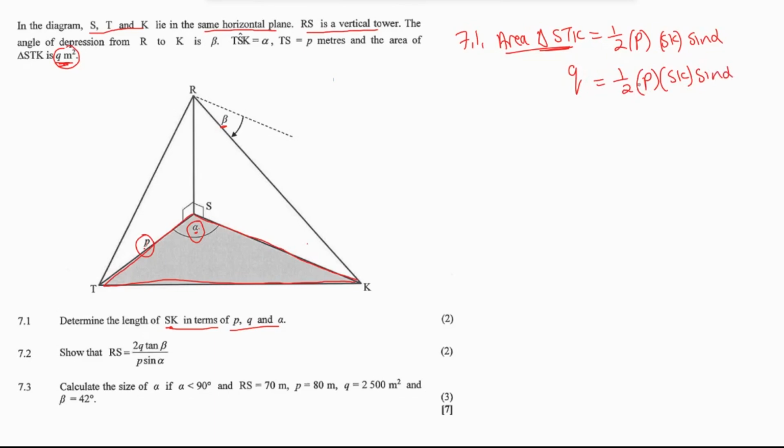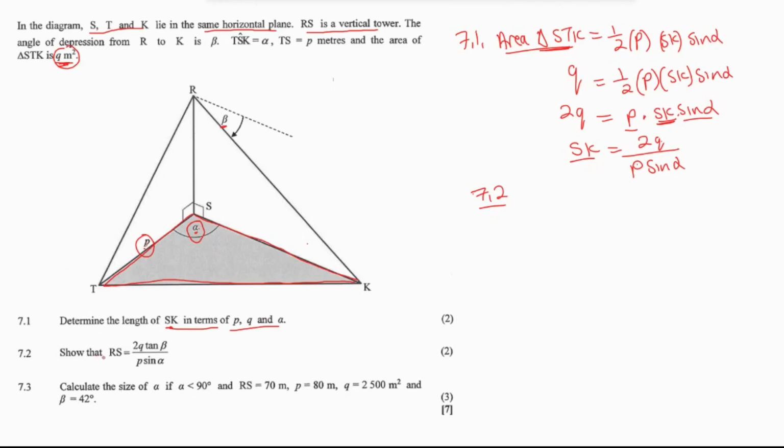We can multiply by 2 on both sides: 2Q is equal to P times SK sine alpha. Now we want SK as the subject, so we divide by P sine alpha on both sides. So SK is equal to 2Q over P sine alpha. Now we have our SK in terms of Q, P, and alpha.